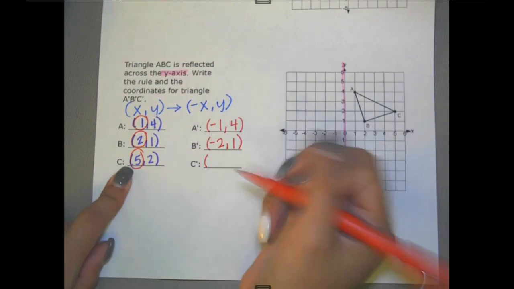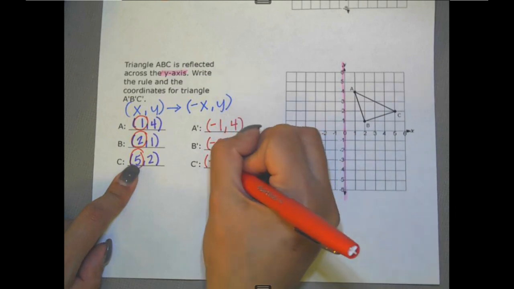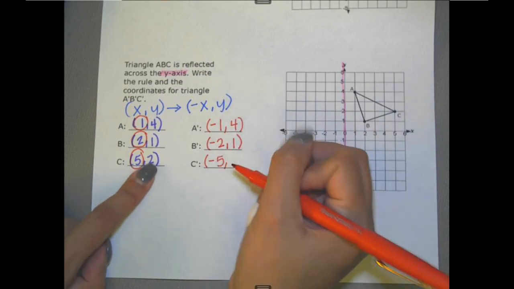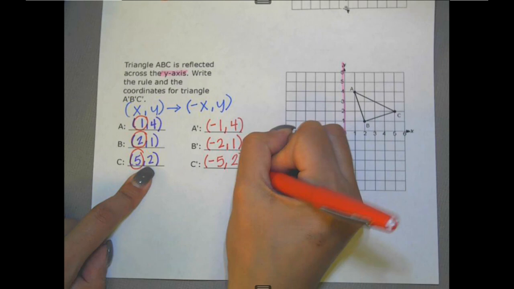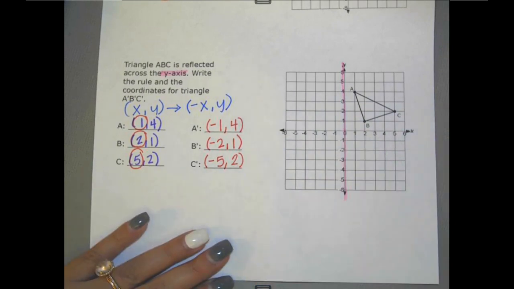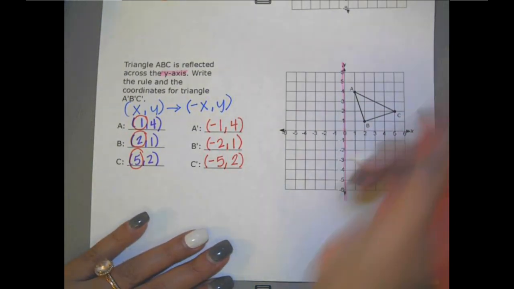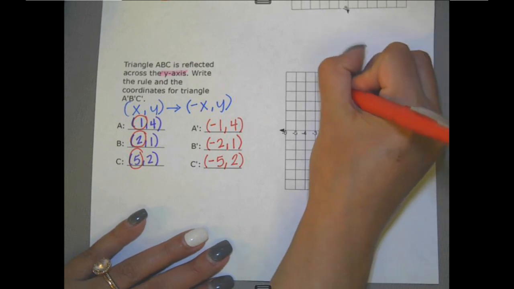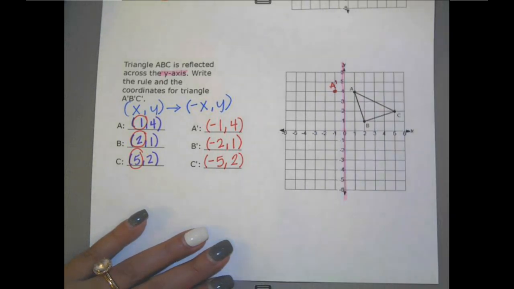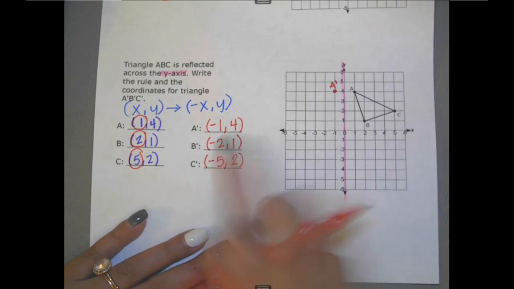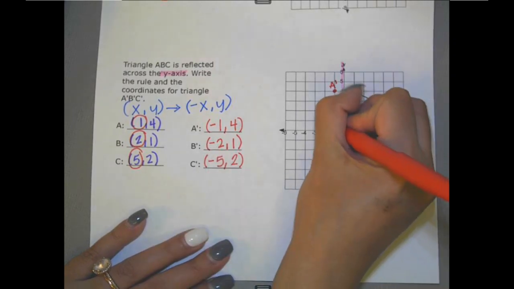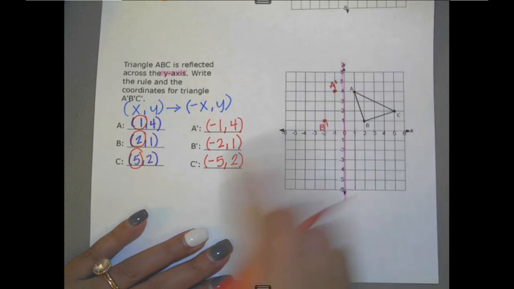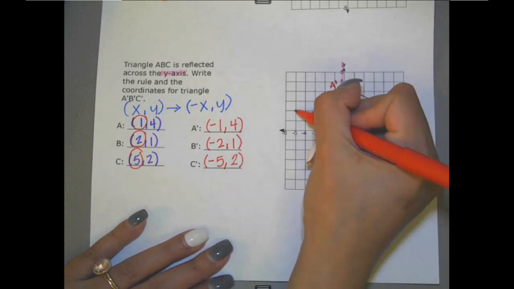And then for C prime, I'm doing the opposite of positive 5, which will be negative 5, and the 2 will stay the same. So when I go to graph this, I'm going to go negative 1, positive 4. That's A prime. Don't forget the apostrophe. B prime is going to be -2, 1. And C prime is going to be negative 5, 2.